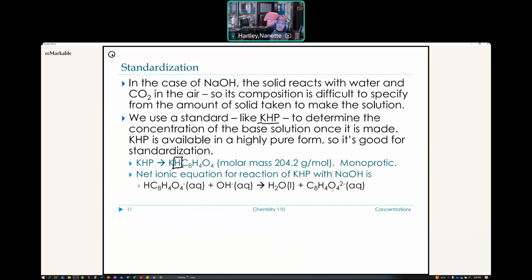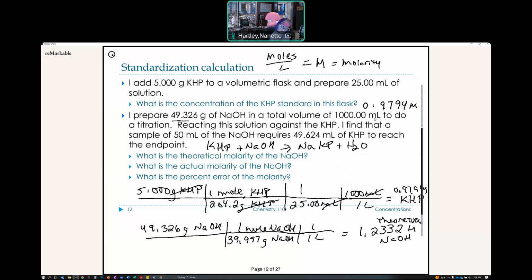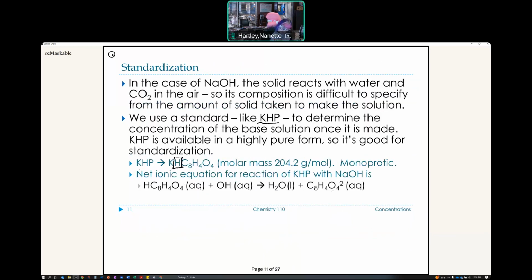Okay. So, and again, if we wanted to put the counter ions on this, we have a K that goes here, an Na that goes there. And so we would end up over here with an Na plus, K plus, and then that guy. And that's how we get this answer that we're talking about there. So it's NaKP.